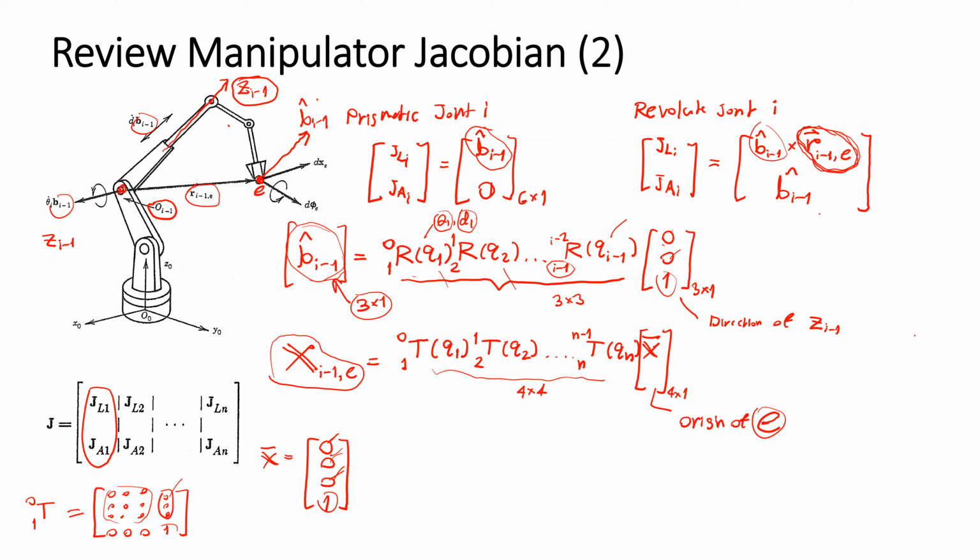Now we have the origin of the n effector frame, but the x that relates the relative position between the n effector and the frame I-1, we still need to compose the origin of the frame I-1.